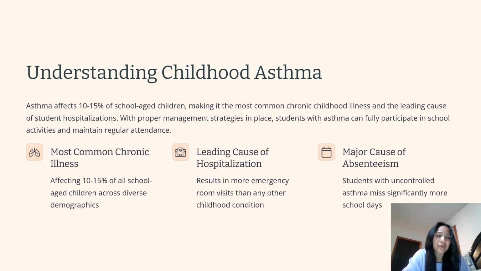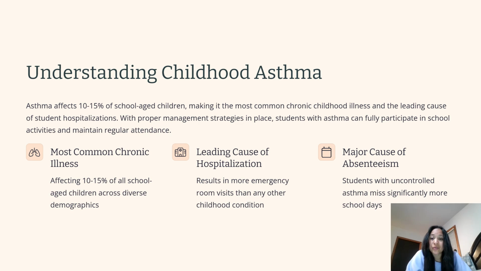Before we develop a plan, it is necessary for us to understand childhood asthma. We need to understand that asthma is the most common chronic illness. It affects a lot of children in our schools and diverse demographics. Also, asthma is the leading cause of hospitalization and a major cause of absenteeism.